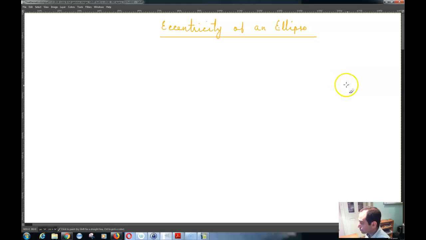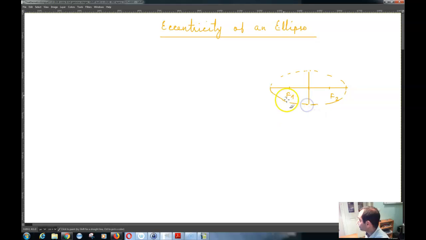Meaning that, of course, the sentence is not very easy to understand, but suppose that you have for example an ellipse like this, and you have f1 over here, you have f2 over here.